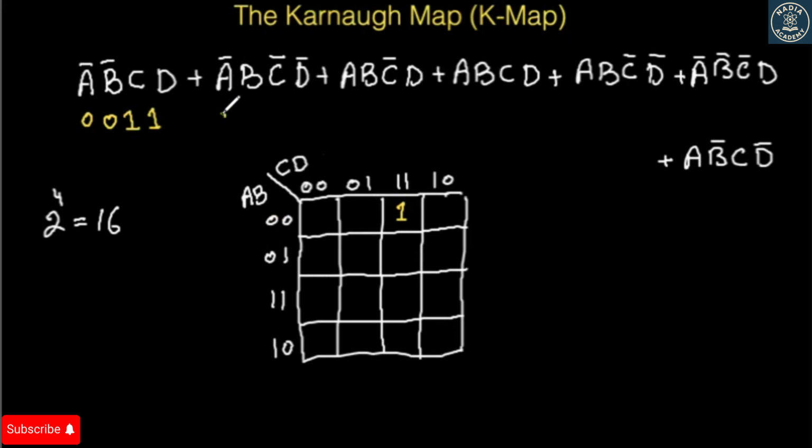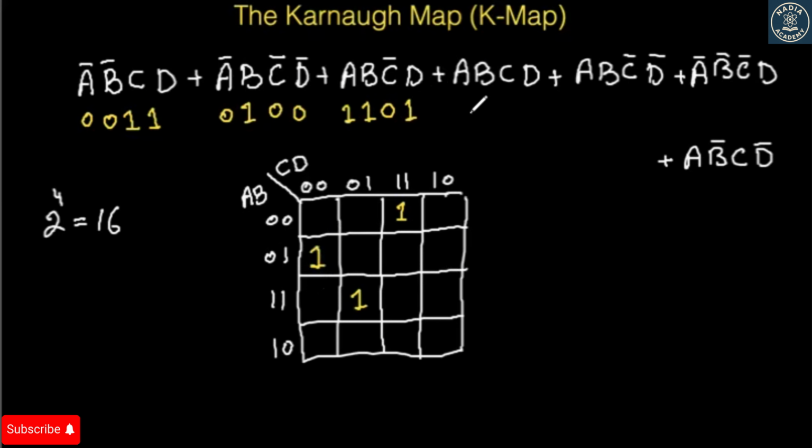Second term: A bar 0, B 1, C bar 0, D bar 0. So this is 0, 1, 0, 0. So our one value will go here. Third term: A, B, C bar, D. So 1, 1, 0, 1. So our answer is over here.